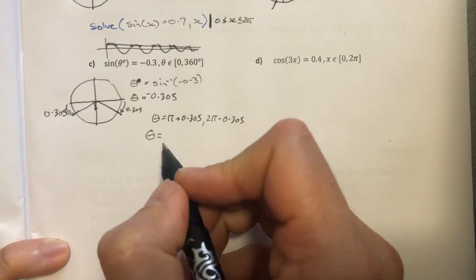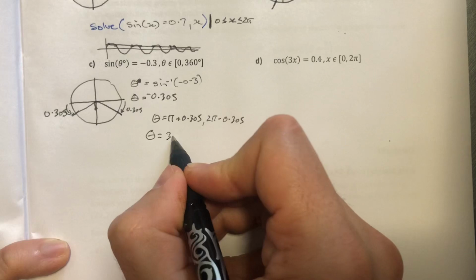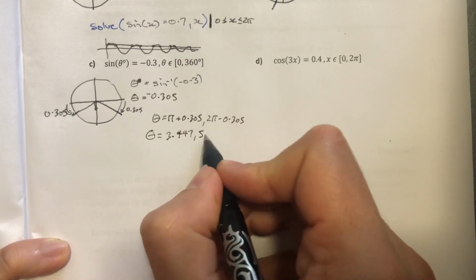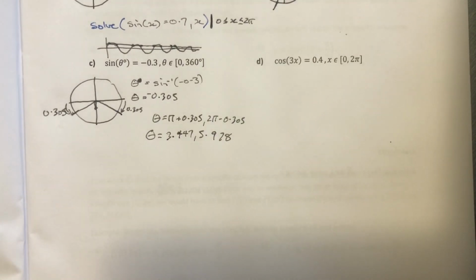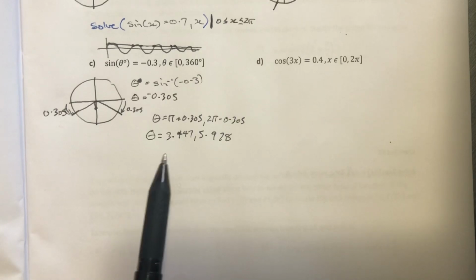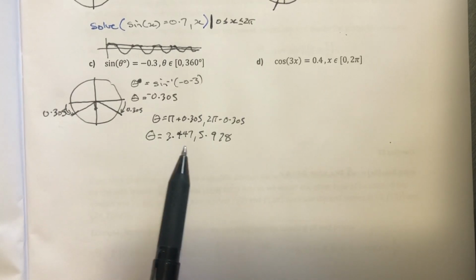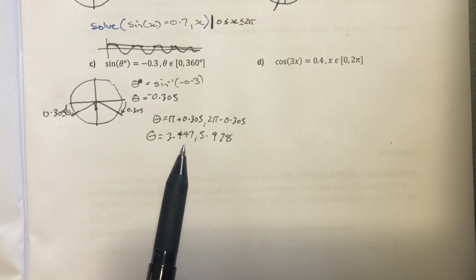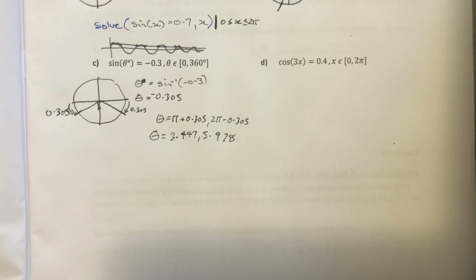Right, now if you work out what they are in decimals on your CAS, you should get 3.447 and 5.978. The problem with the answers that we have here is they're not in degrees, they're in radians. So we're going to have to make a change using our calculator. Now, you need to press the catalog button. It looks like a little book that's opened.